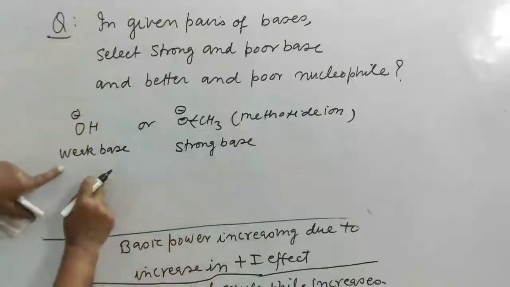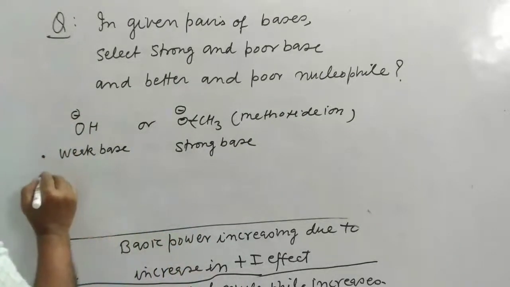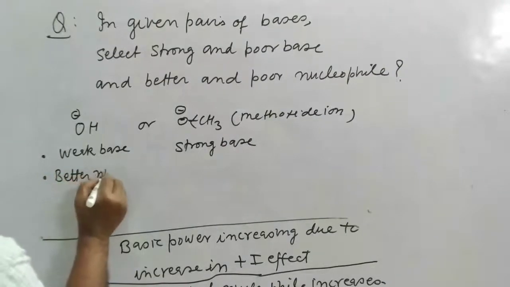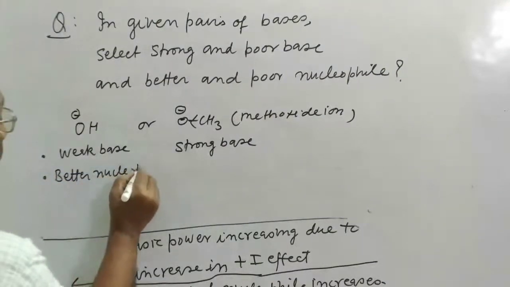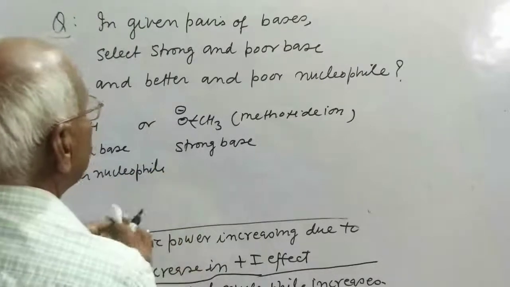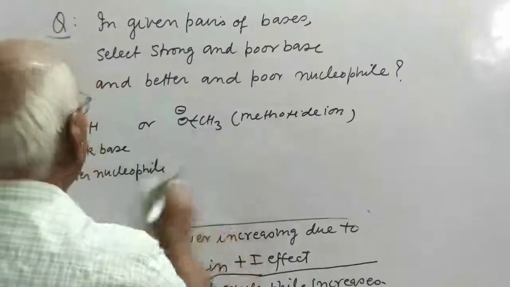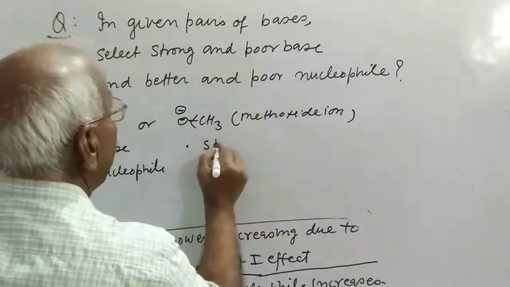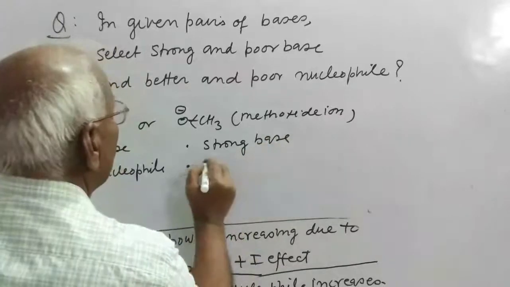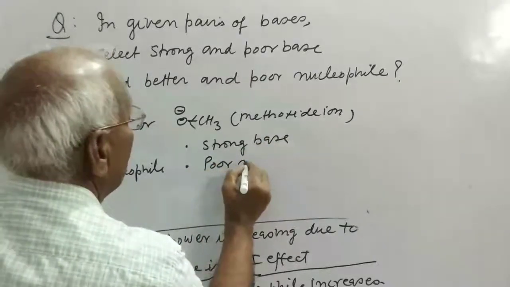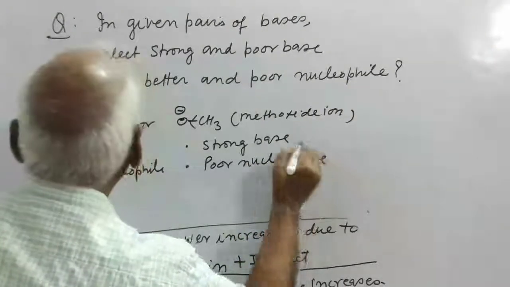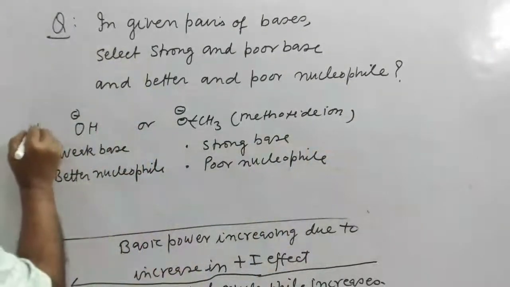Weak base is better nucleophile, so it is a better nucleophile. And this is strong base, poor nucleophile. So this is the first example.